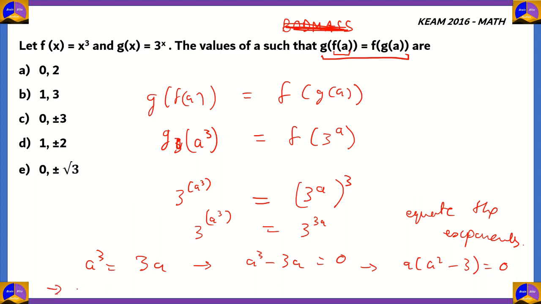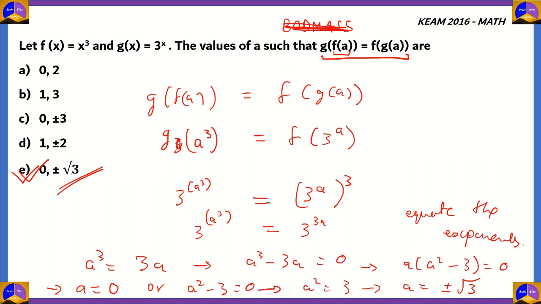So you have two options. So you have a equals 0, or you have a squared minus 3 equals 0. So this would mean that a squared equals 3, which means a equals plus or minus under root of 3. So therefore, the correct option among the following is option E, 0, comma, plus or minus root 3.